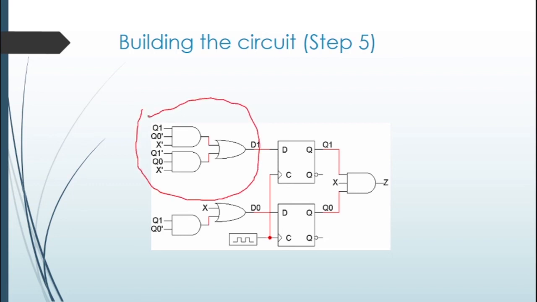This circuit is a little more complicated than the one with JK flip-flop, but because we just need one input D for each flip-flop, it actually makes up for that. So this is the same circuit, but with a D flip-flop, the circuit is a little different, but it actually does the same thing.